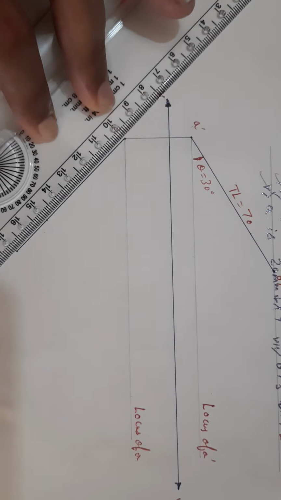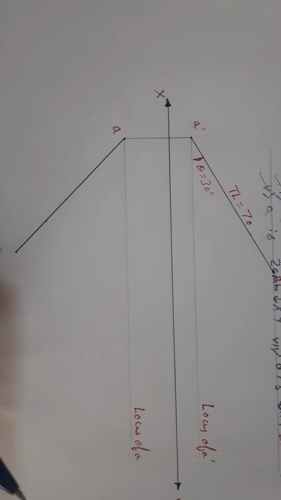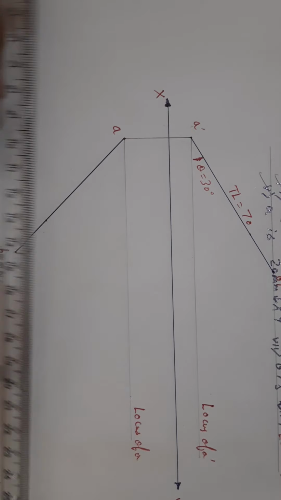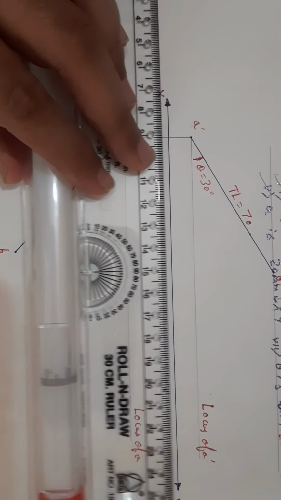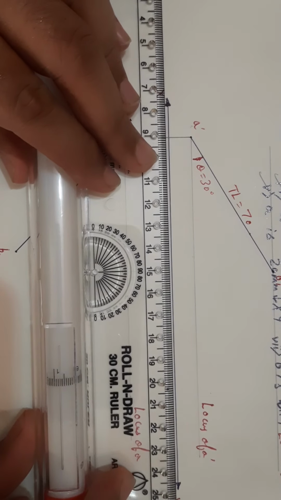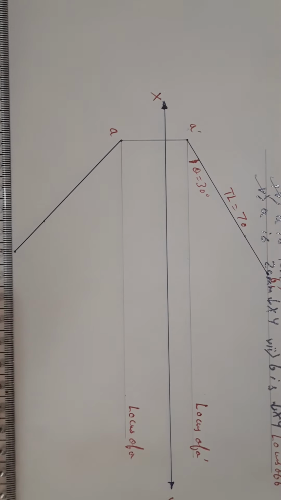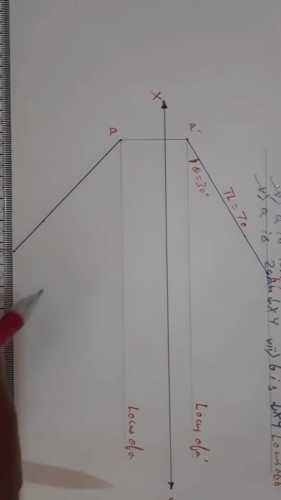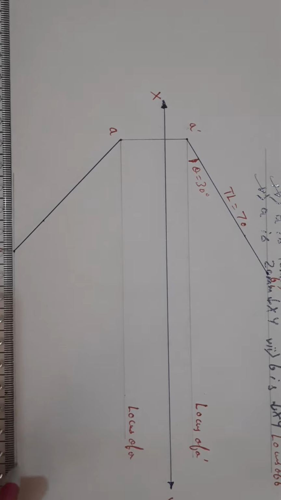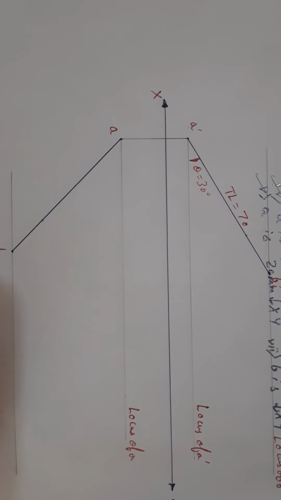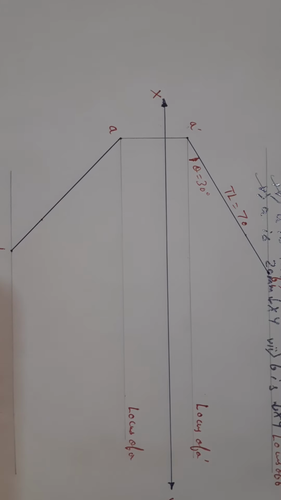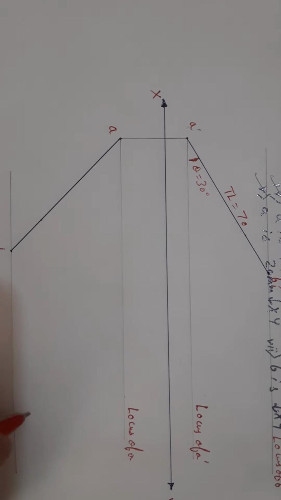I will just mark a dot. This point that has come over here is nothing but B2. Again parallel to the XY line, I will be getting up a locus line which is named as locus of B. So here it is. I can name it as locus of B.